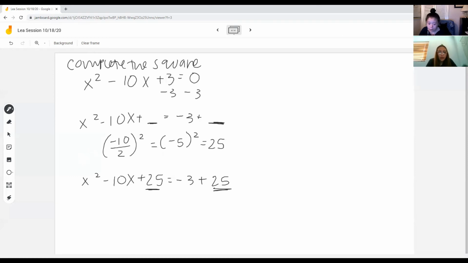You get x. And then this is where I kind of figured that out. So it has to multiply to equal 25. So you can do 5 and 5.